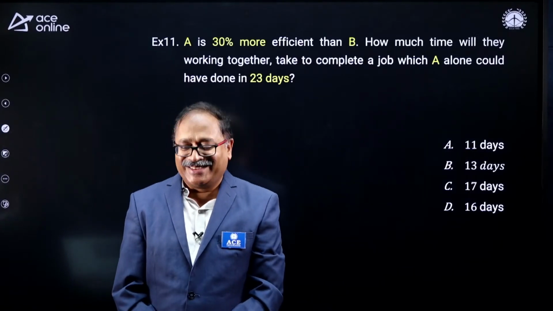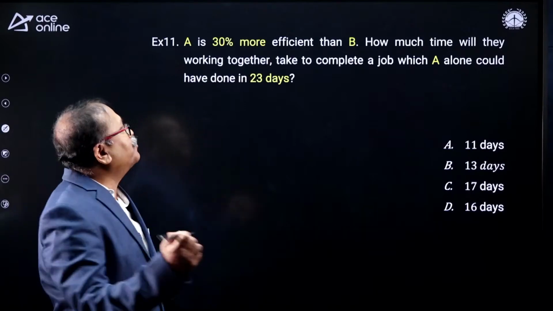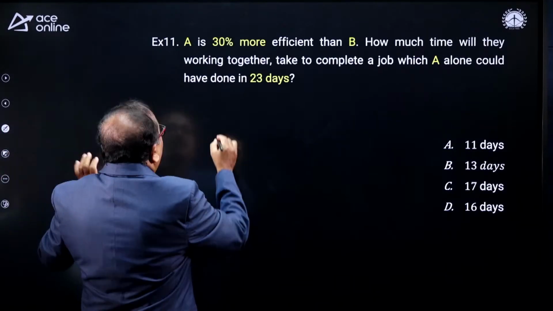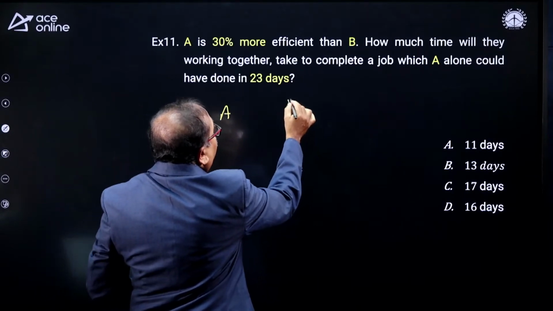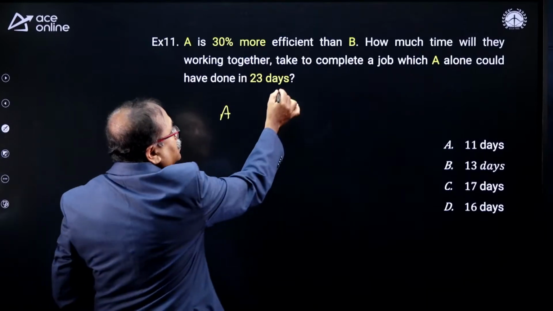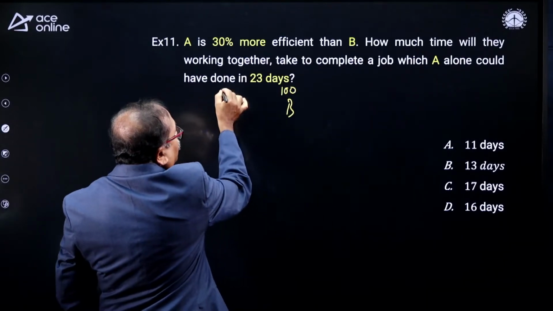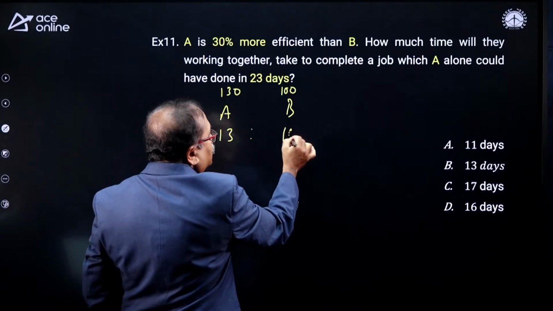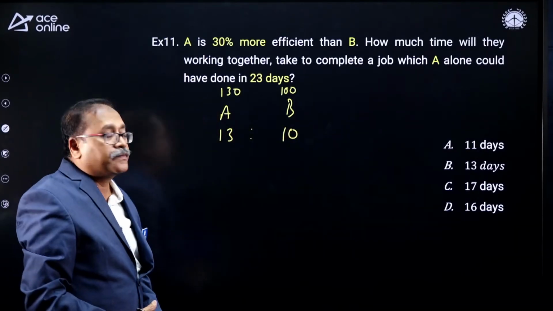I'm sure you can answer the question. So let's work out here. That is here A and B. What is the efficiency? A is 30% more. That means if B is 100, A is 130. That is, the ratio of efficiency is 13:10.